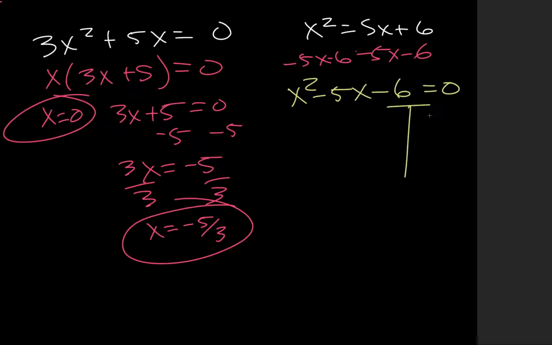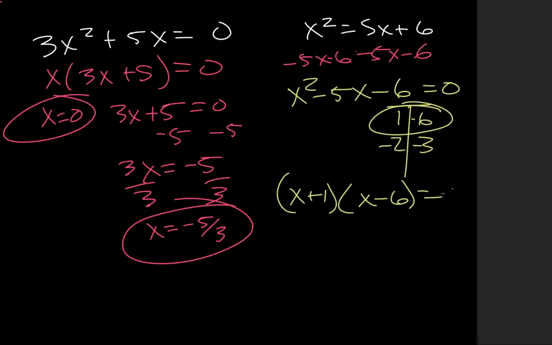And so we can do our T factoring method right here. 1, 6, 2, 3. We want to add up to a negative 5. So we would do one of those. We want it to also multiply back to a negative 6. So those are the only ones that would multiply back, because this would be a positive 6 down here. And so we get x plus 1, x minus 6.